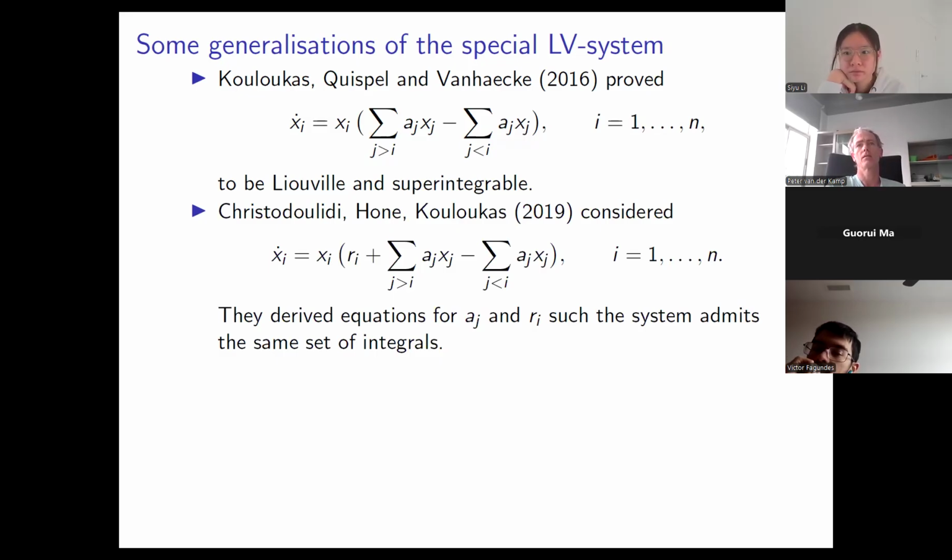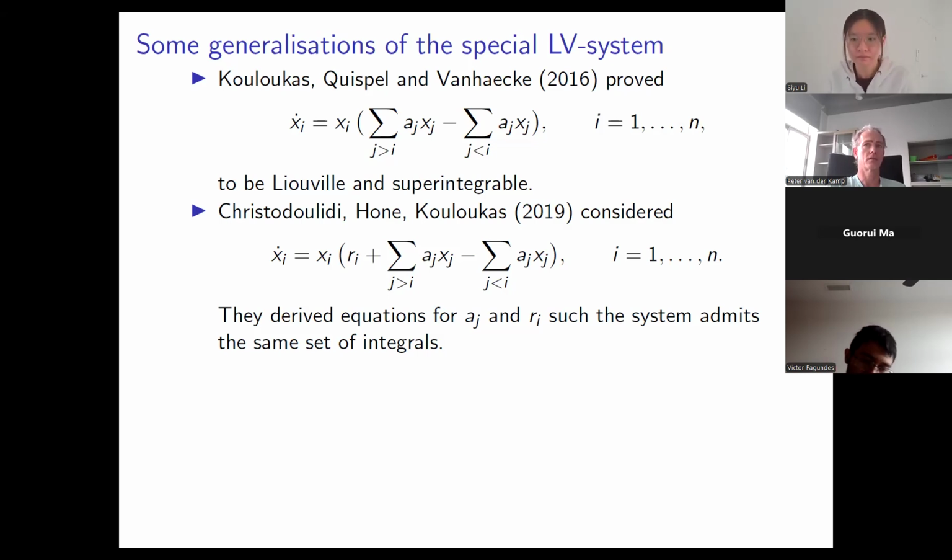And then they looked at those sets of integrals, and they said, well, maybe we can add non-homogeneous terms. So basically they thought about, here are the integrals, what non-homogeneous terms can I add? And it turned out that you can actually add some non-homogeneous terms while preserving the same set of integrals.